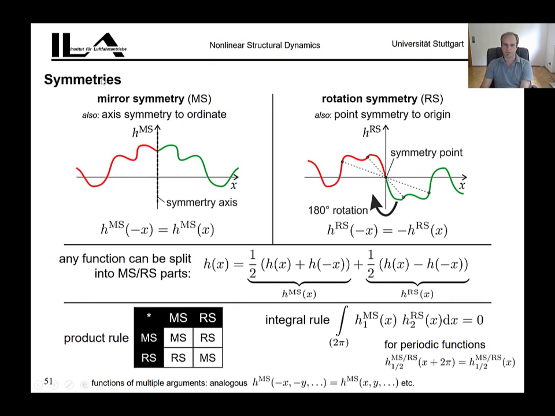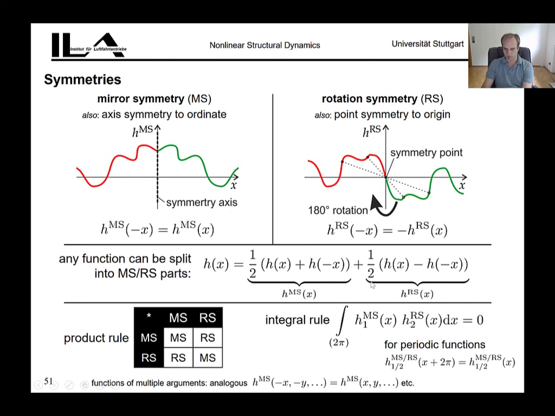At this point, here's just a summary of hints how to determine Fourier coefficients related to equivalent damping and equivalent stiffness. There are some symmetries that are defined here: mirror symmetry and rotation symmetry. For instance, cosine is a mirror symmetric function, sine is a rotation symmetric function.